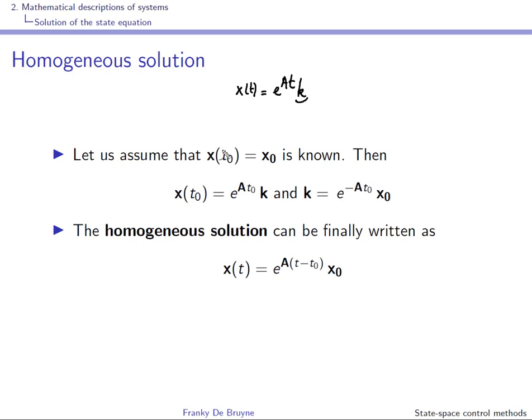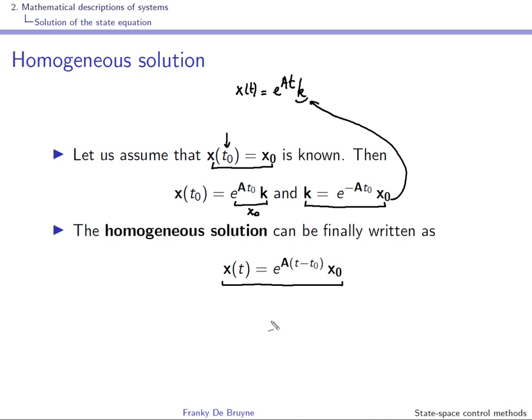So the question is, what is the constant? Well, if we have initial conditions in t0 and that x of t0 is x0 with x0 known, well, then if you plug t0 in here, you have this quantity that is equal to x0, and you can compute k. And if you inject k in here using the properties of the exponential, you find that the homogeneous solution is written as follows.